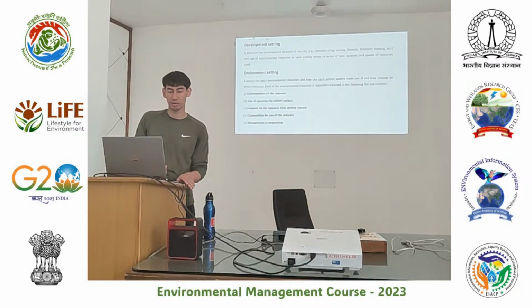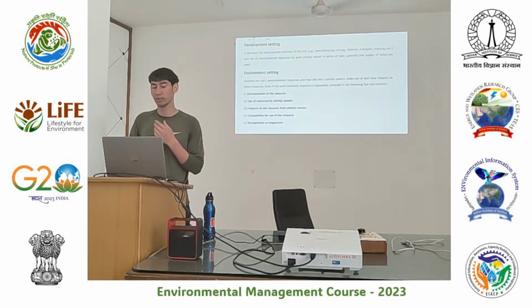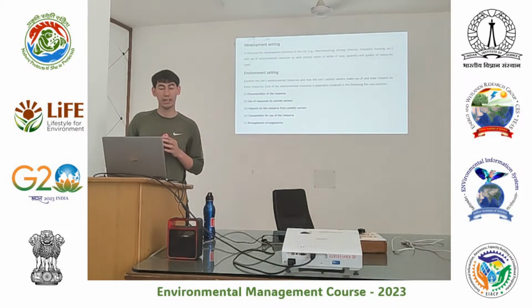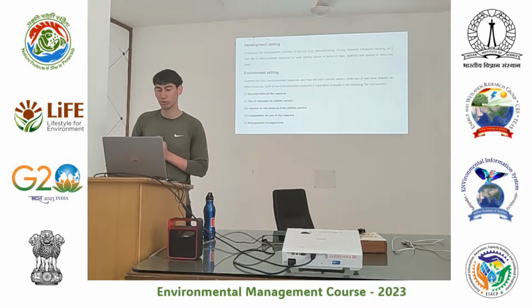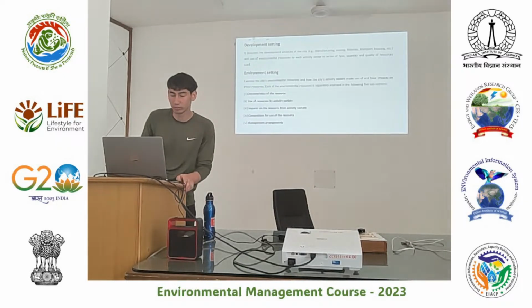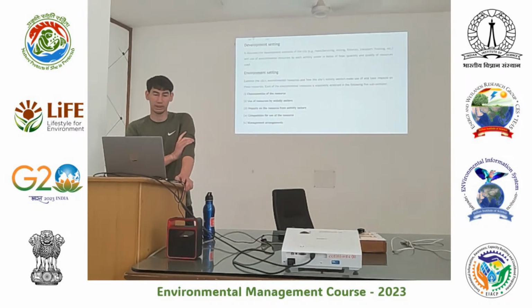Then the second is development setting. It discusses the development activities of the city: what are the manufacturing, mining, fisheries, transport, housing, etc., and the use of environmental resources by each activity sector in terms of type, quantity and quality of resources. It tells about which activity sector uses the resources and how they use them, and that is the environment setting.